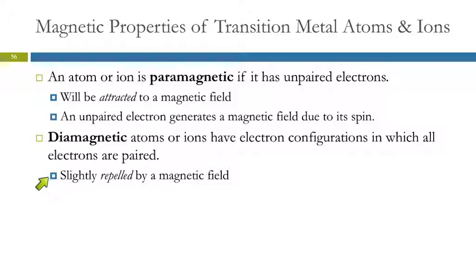So metals that are not magnetic are diamagnetic. Everything's paired. Now, I have trouble remembering which is paramagnetic and which is diamagnetic. So, di is a prefix meaning two. So what I try to do is remember diamagnetic, all of its electrons are in groups of two. And then the other one is paramagnetic.